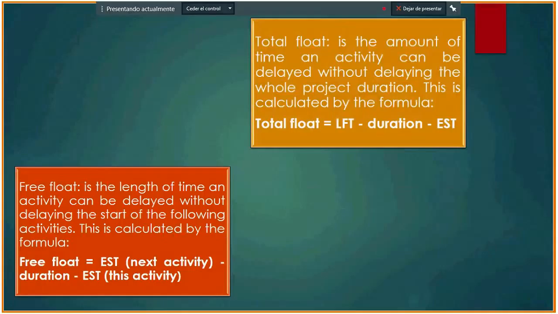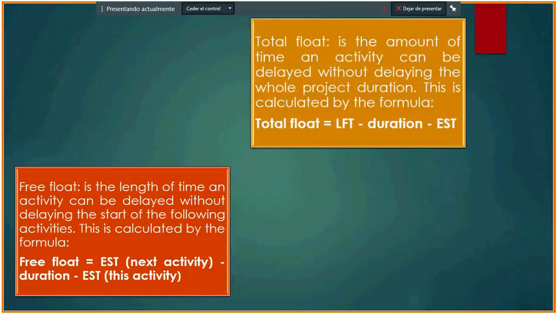When you take into consideration the projects, you have the time and the final time that you have to accomplish in the project. So, what is the meaning of float? Maybe it's the time that you can delay the project.